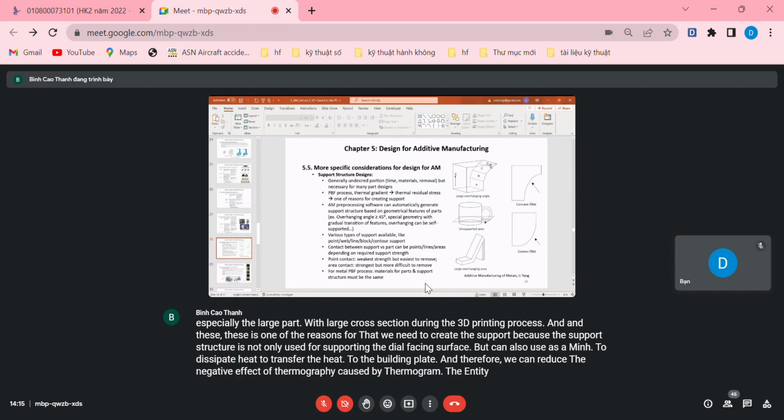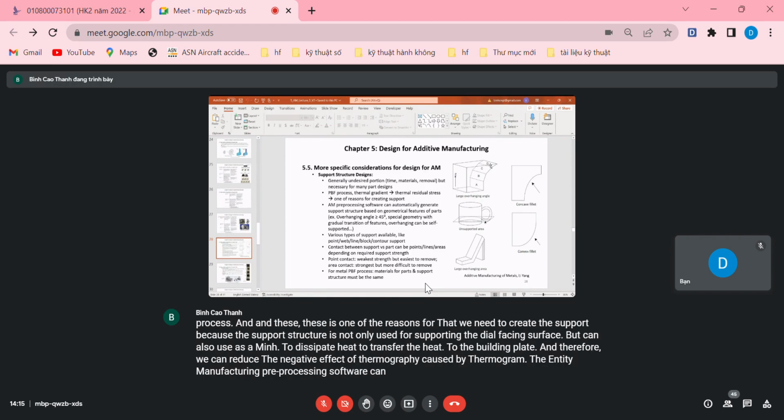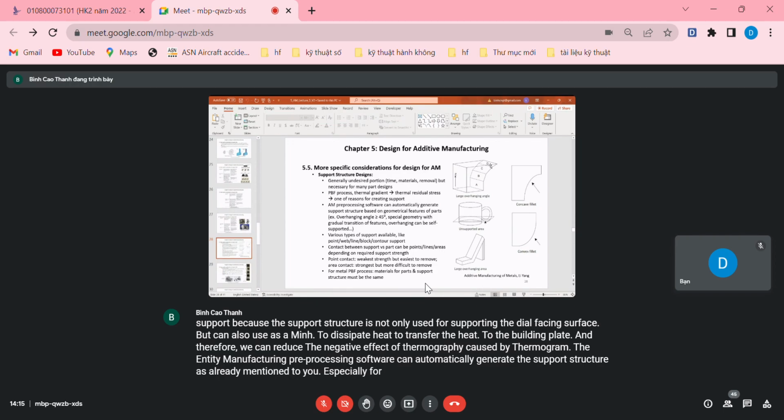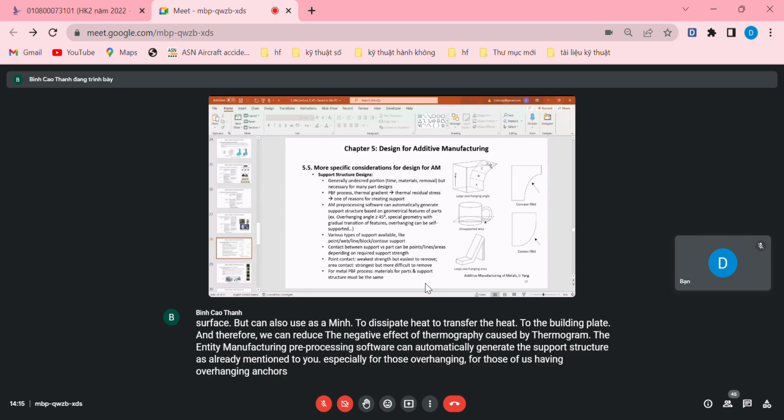The additive manufacturing pre-processing software can automatically generate the support structure, as I already mentioned, especially for those surfaces having overhanging angles larger than 45 degrees.